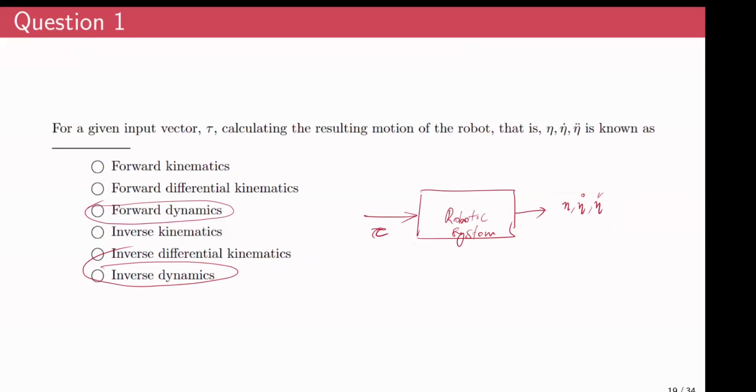So this process, supplying a torque vector and observing what the robot does, is actually the process of forward dynamics, right? It's like simulating or analyzing the mobile robot. Give an input, see what the robot does.